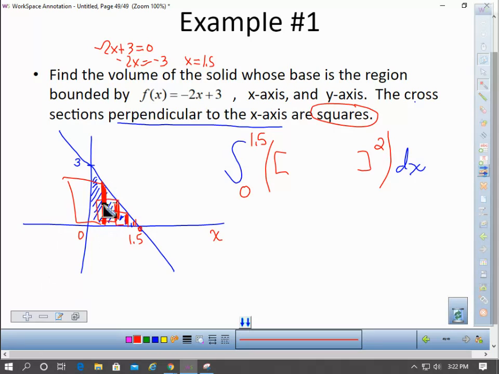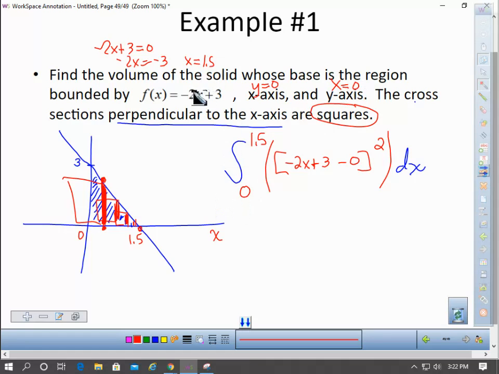Whenever we determine lengths, it's always top curve minus bottom curve. So who's this top curve? Negative 2x plus 3, minus the bottom curve, which is the x-axis, which is 0. Because the x-axis is y equals 0. The y-axis is x equals 0.